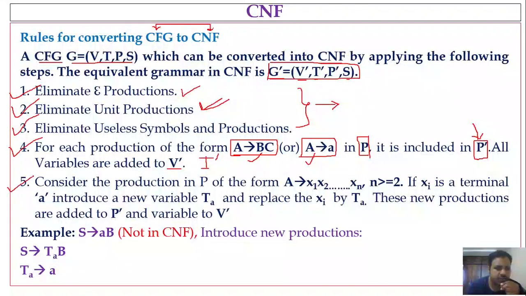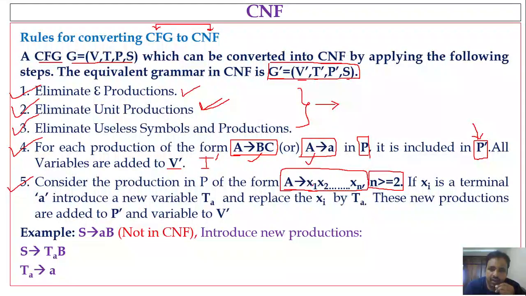Next, step 5, or rule number 5. Consider the production of the form A denotes X1 X2 up to Xn, where n is greater than or equal to 2.